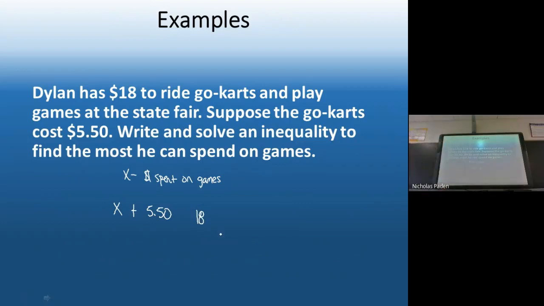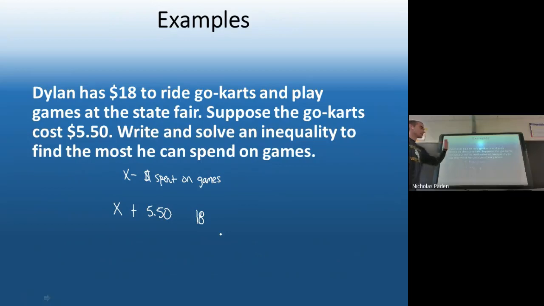So first thing is you can look and see, find the most he can spend. Well, looking at that chart that we just wrote down, there is one that says "at most," and that would be the most he can spend. And that is less than or equal to. So last thing, and this is another way that you can figure out what inequality symbol you are going to put in this inequality, and this might be easier for you.